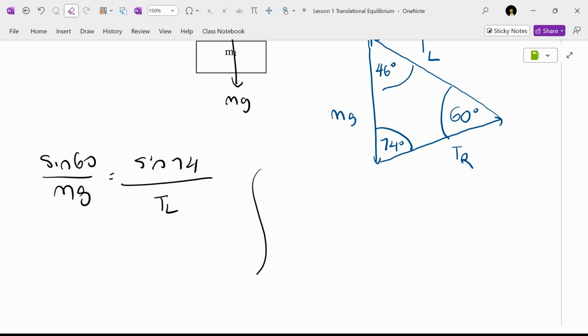You can either use formula manipulation, multiplying to the top and dividing everything over, or you can realize it's going to be mg sine 74 divided by sine 60.